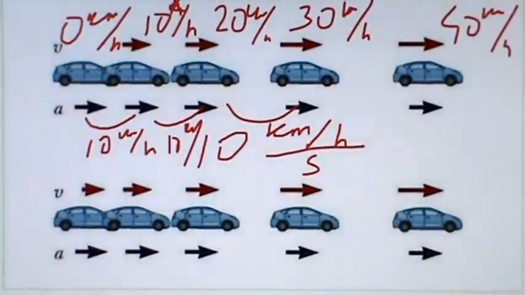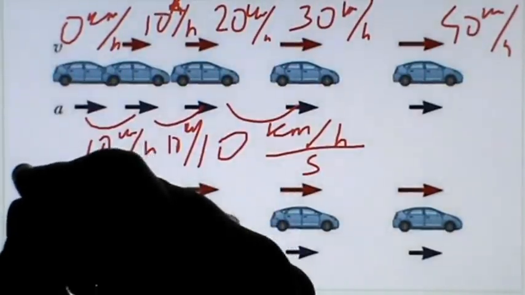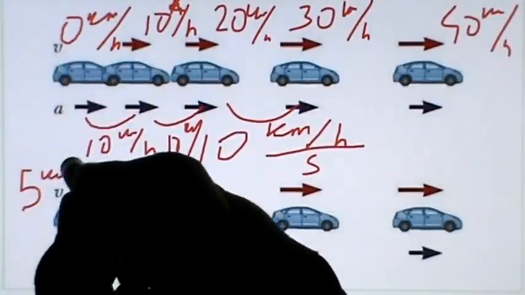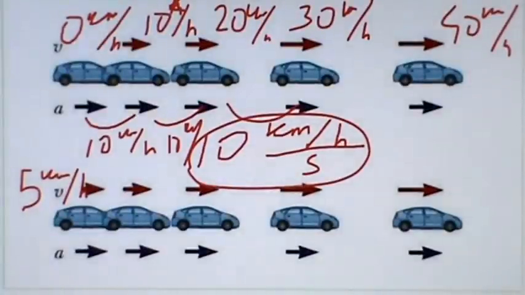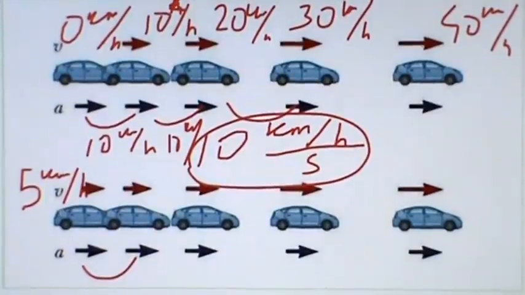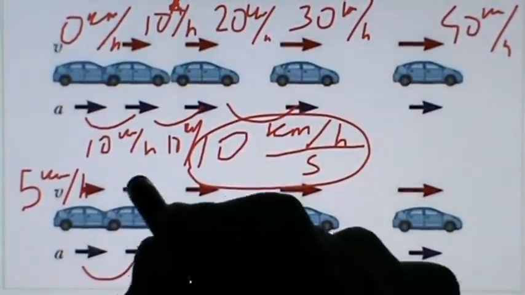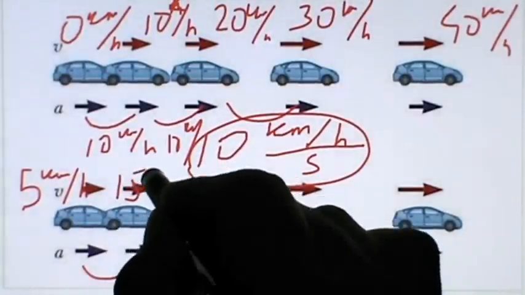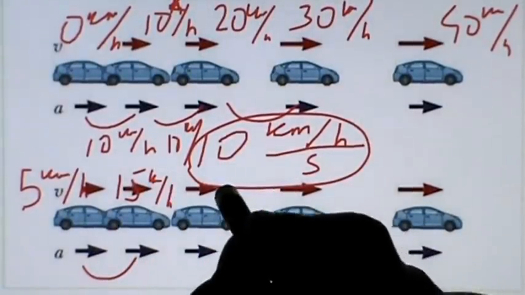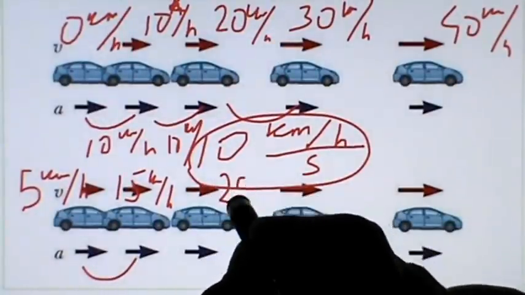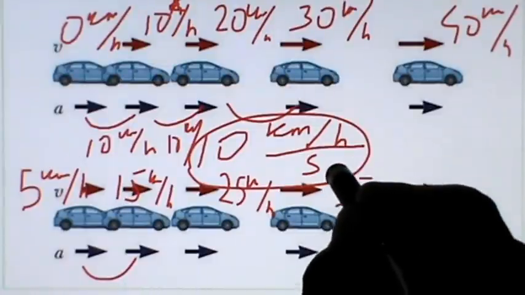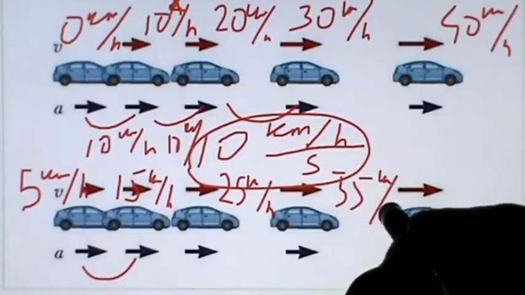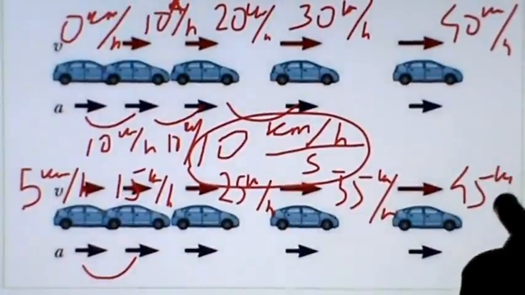But now, if the car has a non-zero initial speed, for example, if the initial speed here is 5 km per hour and then it's accelerated 10 km per hour per second, after 1 second it will gain 10 km per hour and its speed becomes 15 km per hour, and then its speed becomes 25 km per hour, and then next 35 km per hour and 45 km per hour.